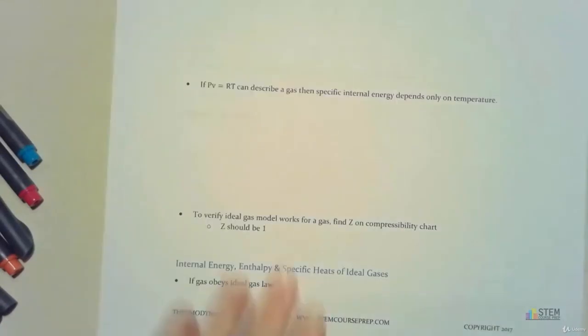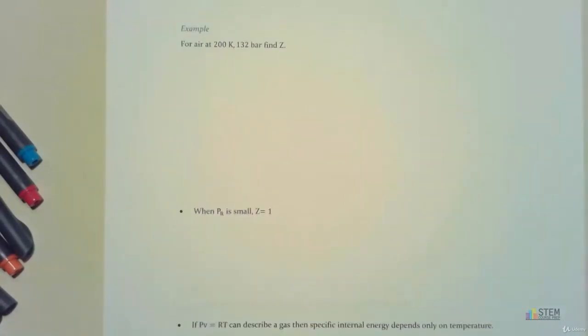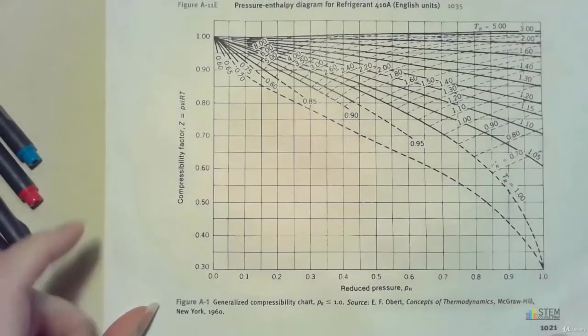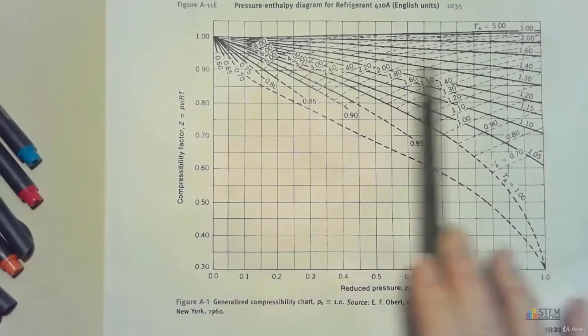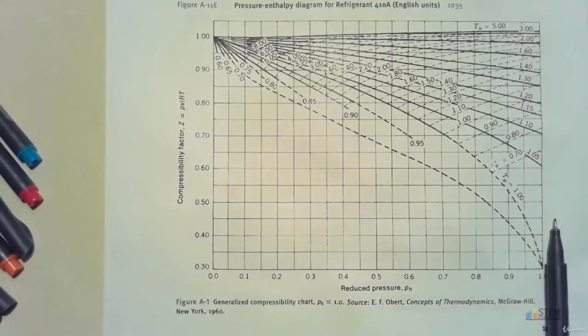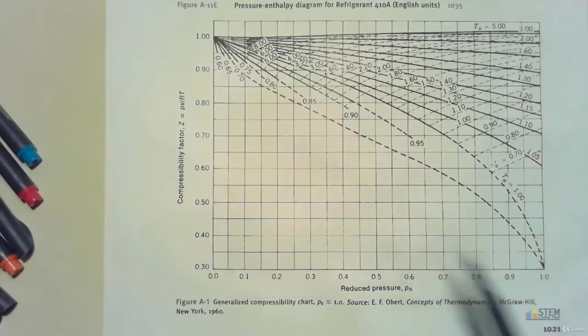Now let's move on, and just to show you how to use this chart, we're going to do an example. So let me show you these charts. Figure A1 through A3, let's look at these. These are the curve fit charts, and this is what they look like. So notice we've gotten rid of the substances. We don't have any substances listed anymore. This is all curve fit data. It's all generalized now.